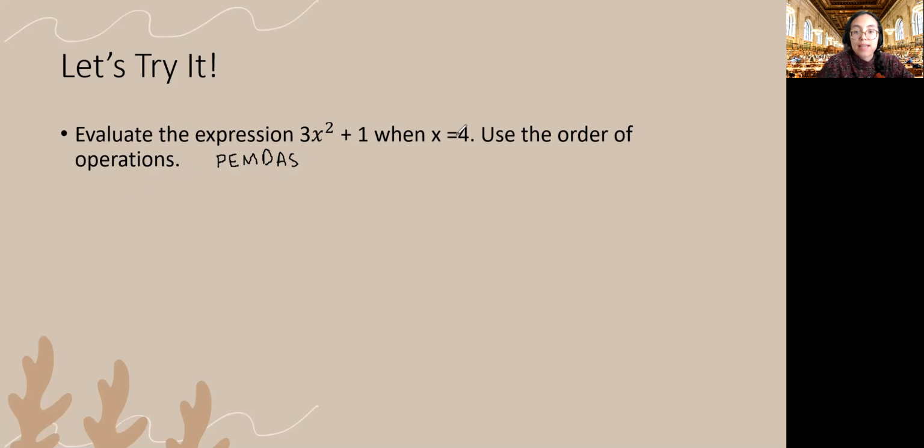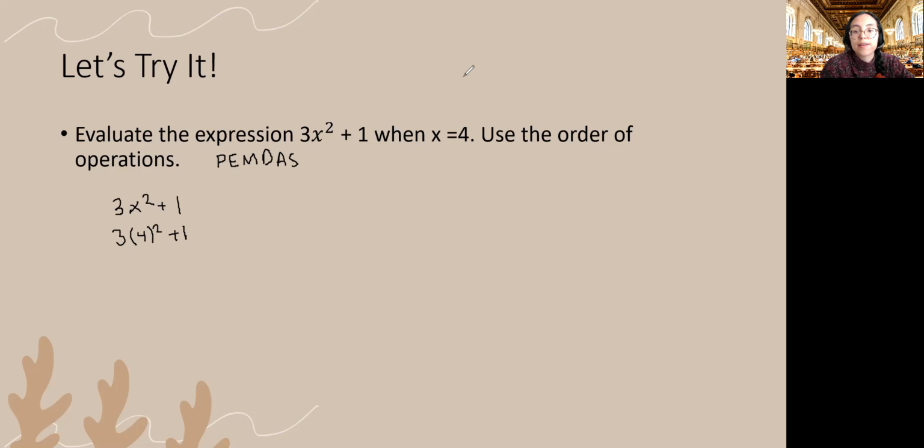We are told that x is equal to 4, and this is our variable expression. So wherever we see an x, we're going to replace that with a 4. So 3 times 4, and this is squared. So notice here, I have two things.